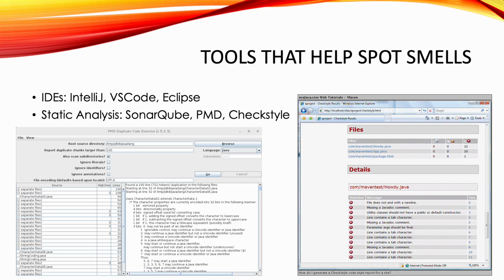For larger projects, tools like SonarQube, PMD, and CheckStyle can scan your entire codebase for patterns that indicate smells or violations of coding standards. These tools save time and help enforce consistency across development teams. Here are a couple examples of what PMD and CheckStyle reports look like for those larger projects.